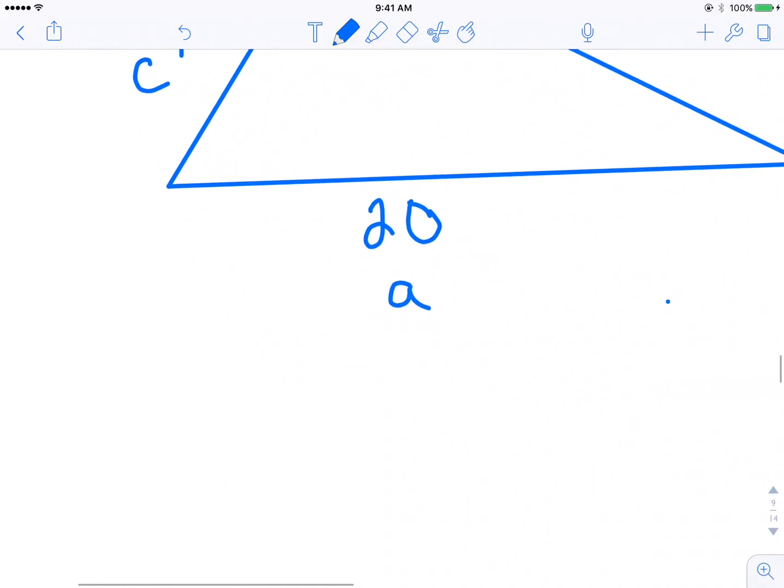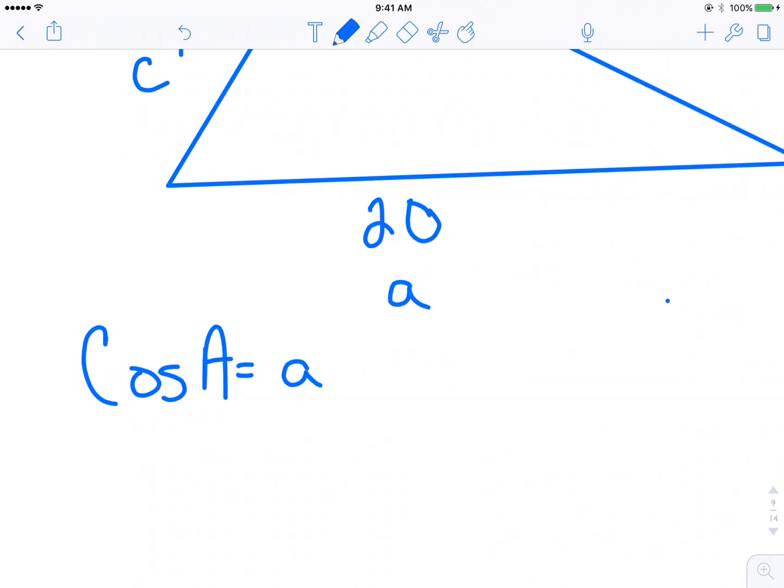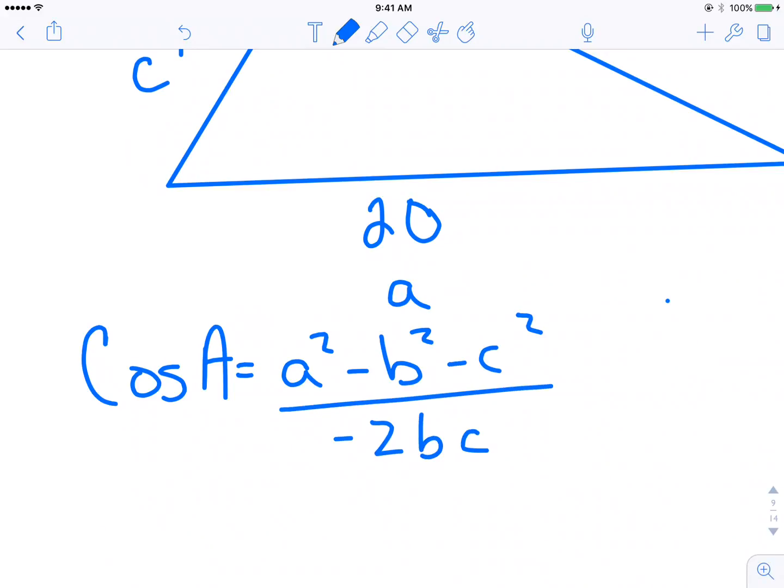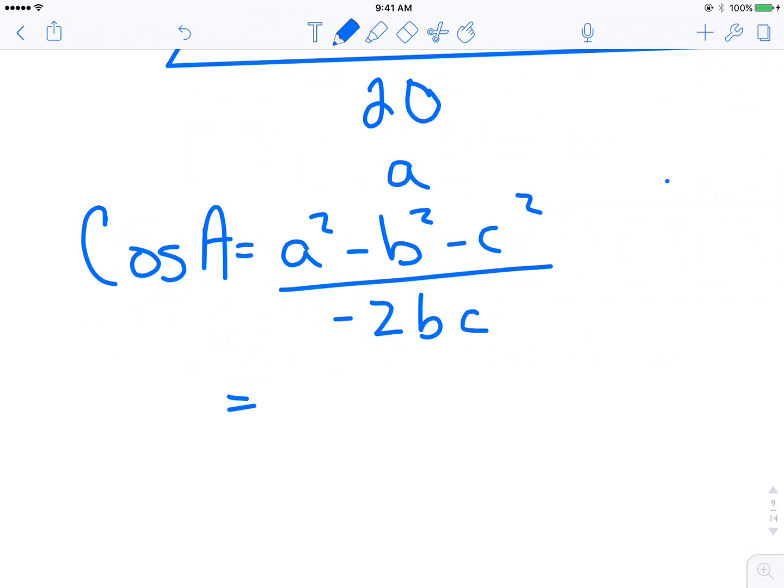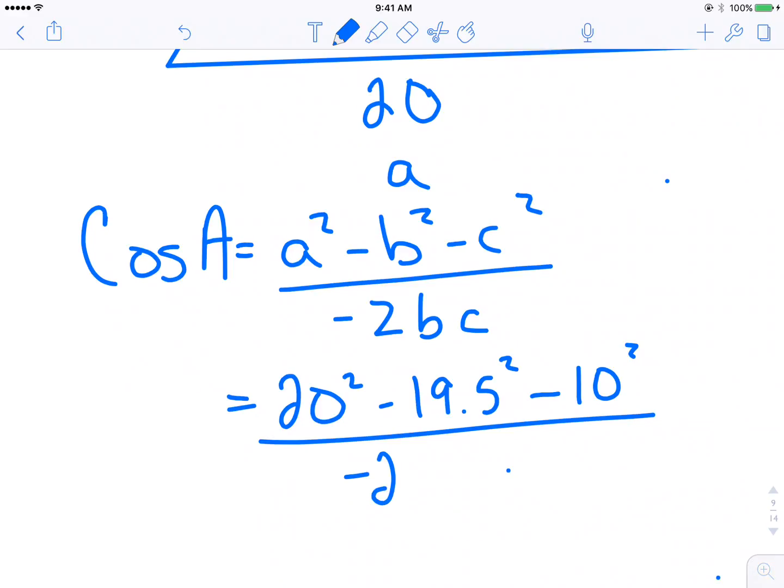Knowing that I need an angle, I know that my formula is cosine A is equal to a squared minus b squared minus c squared, all divided by negative 2 times b times c, which is going to be equal to 20 squared minus 19.5 squared minus 10 squared, all divided by negative 2 times 19.5 times 10.